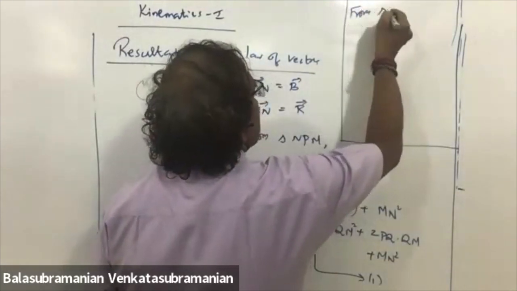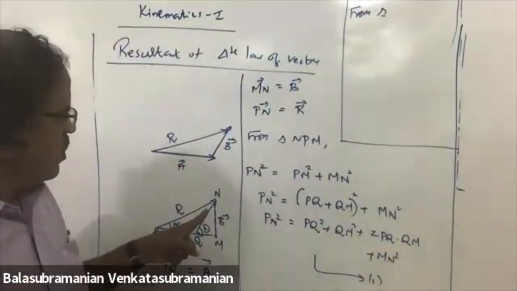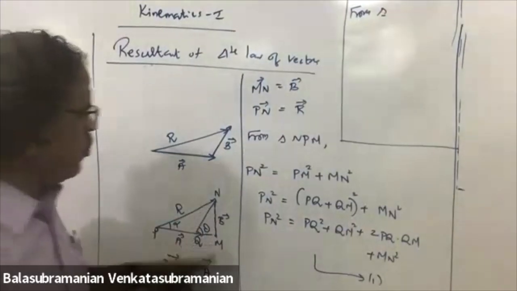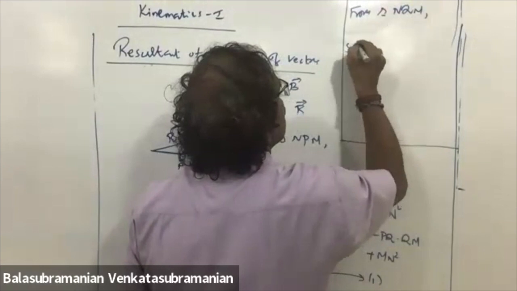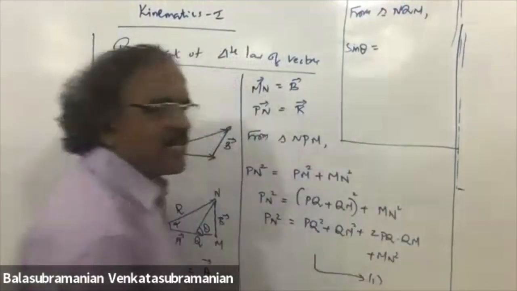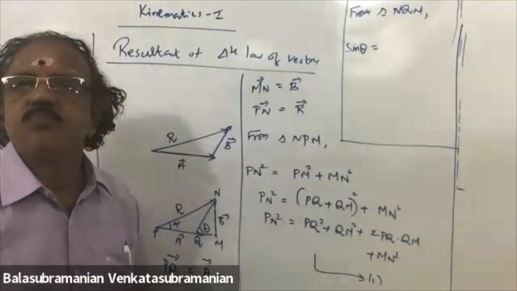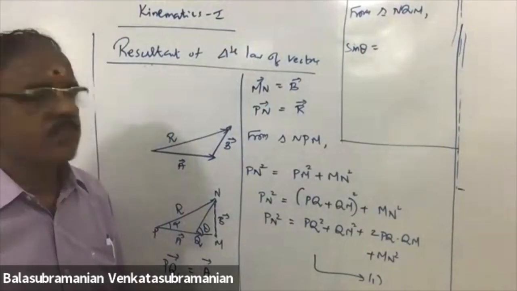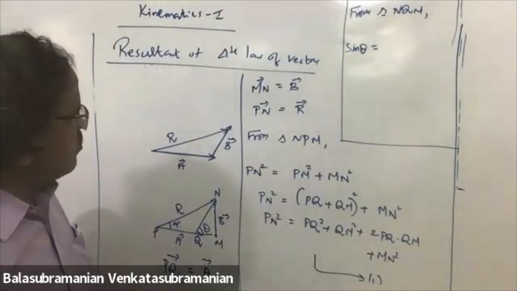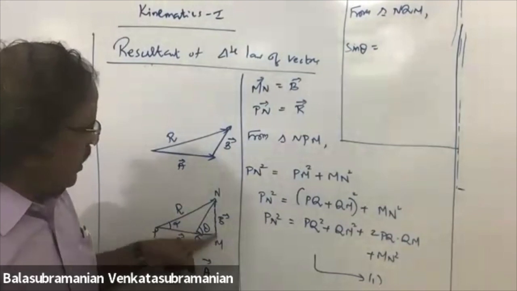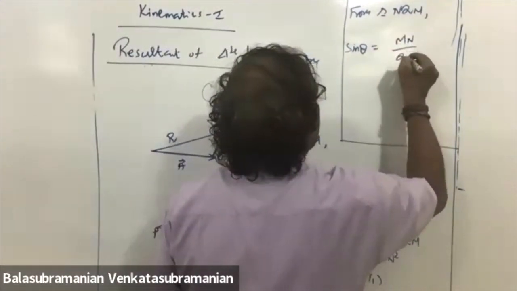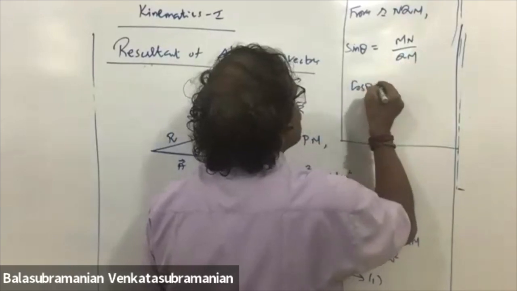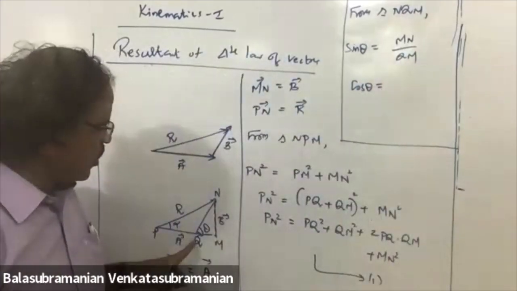From triangle NQM, sin theta is equal to, what is sin theta? MN by QM. Cos theta is equal to adjacent side QM.